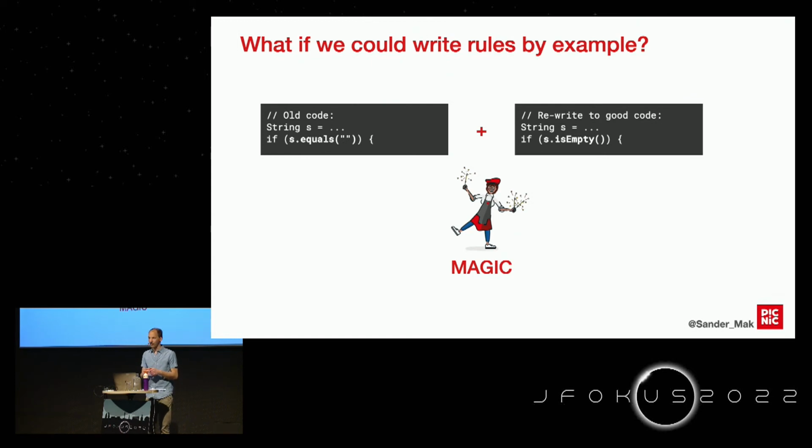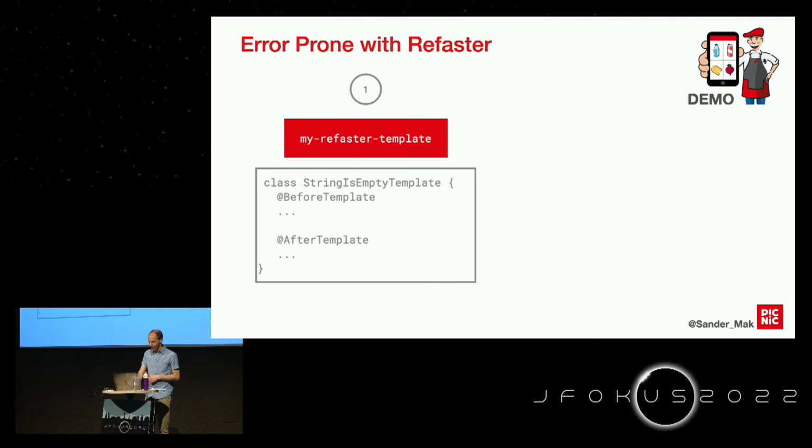Rather than having to implement this bug check and traversing this AST and emitting suggested fixes, what if we could just, in concrete Java syntax, specify an anti-pattern and the correct code, and then have Error Prone, in this case together with Refaster, do the magic? And that's actually possible. And I'm going to show an example of that as well.